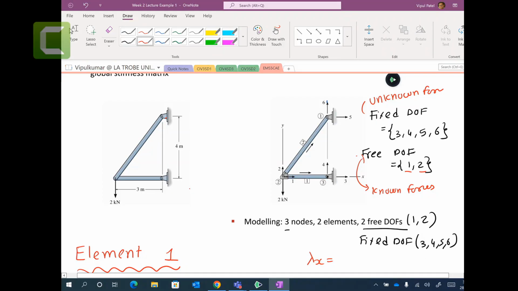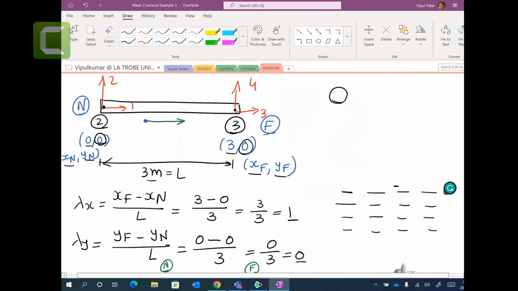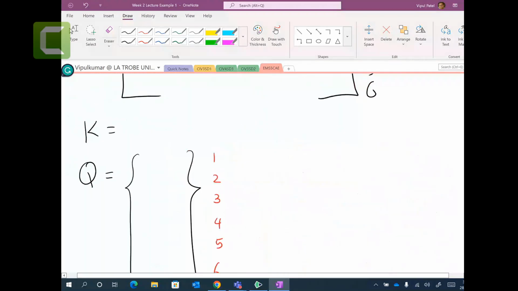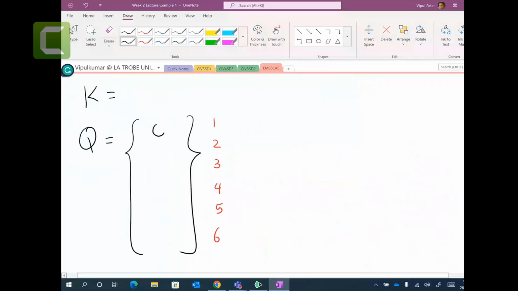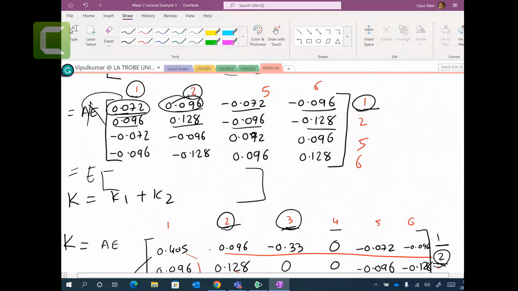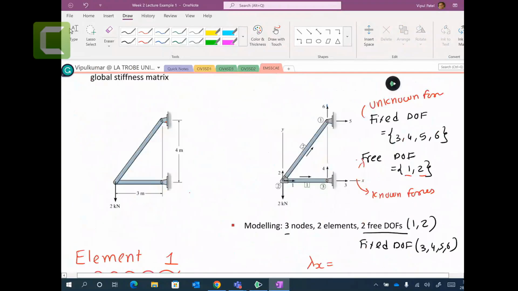Now what is Q1? How much force is going in direction 1? There is zero force, because you can see nothing is applied. If someone applied a load here, let's say 3 kilonewtons, then Q1 would be 3 kilonewtons, and it would be minus 3. But there is nothing in direction 1, so I can put Q1 equal to 0.